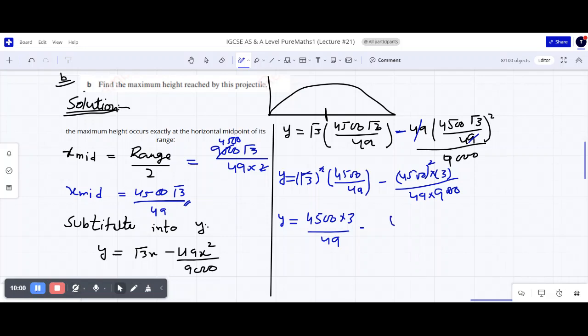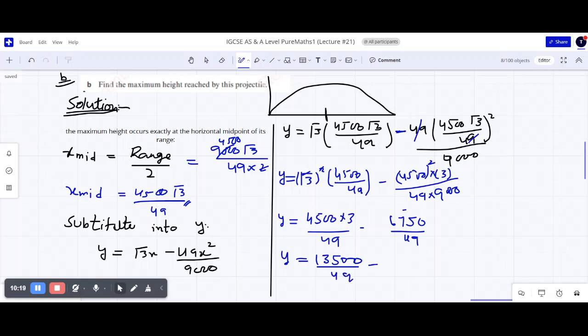So 6750 over 49. Same on the calculator, we solve the first value: 13,500 over 49.